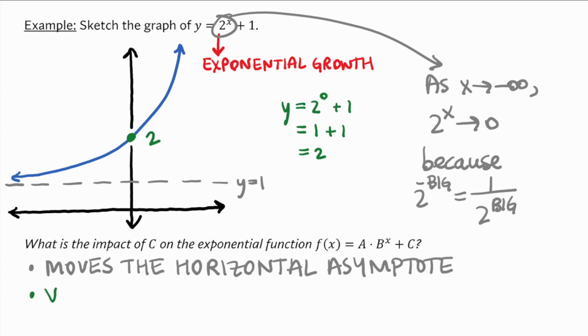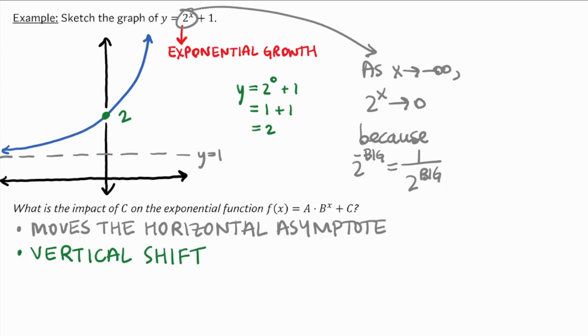Really what's going on is that we've undergone a vertical shift, because the function was one thing and now we're adding 1, so we're getting shifted up by 1 from what we would expect if it was just y equals 2 to the x.